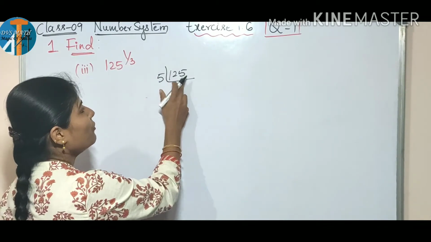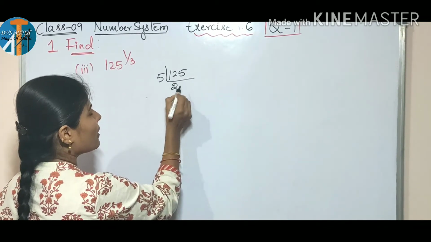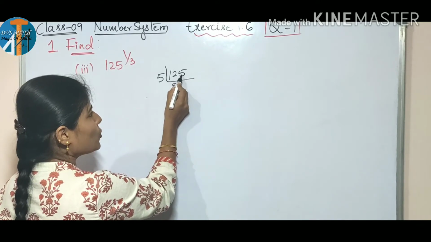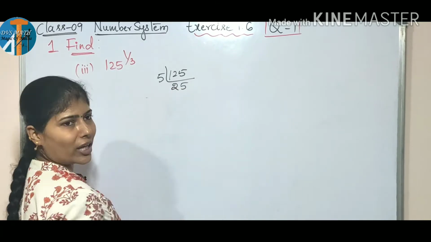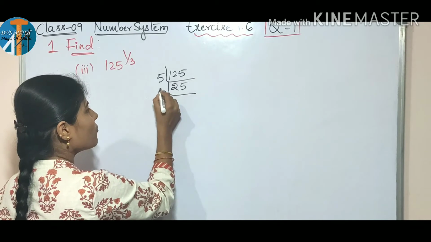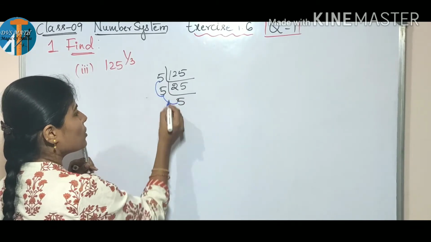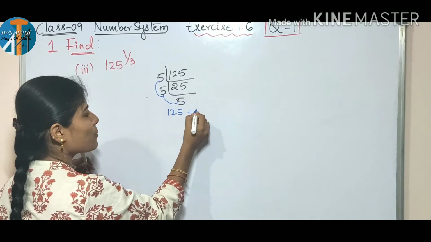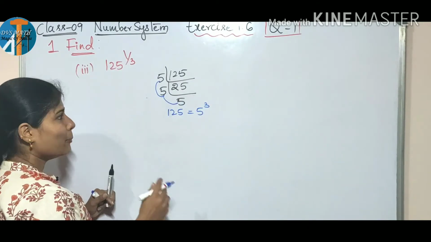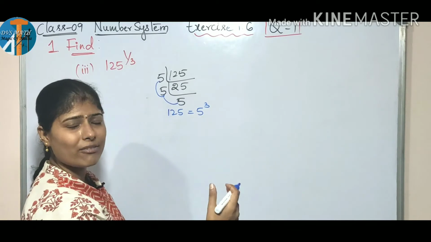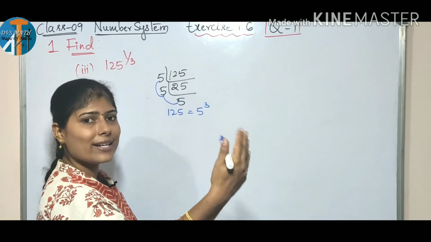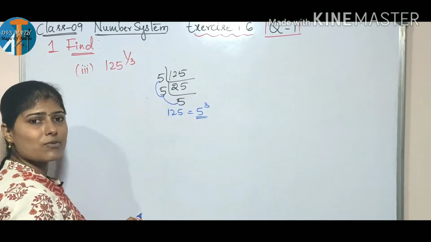Correct. 5 into 125 means 5 twos are 10, 2 remainder 5. So 5 fives are 25. Again you can write 5 means 5 fives. So how many 5s did you get? 1, 2, 3. So that means 125 can be expressed as 5^3, that means 5 into 5 into 5. 5 fives are 25, 25 fives are 125.